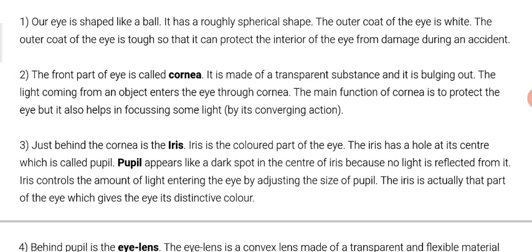The light coming from an object enters the eye through the cornea. The main function of the cornea is to protect the eye. But it also helps in focusing some light by its converging action. Because if you see the shape of the cornea, it is a converging shape, so it converges the light.